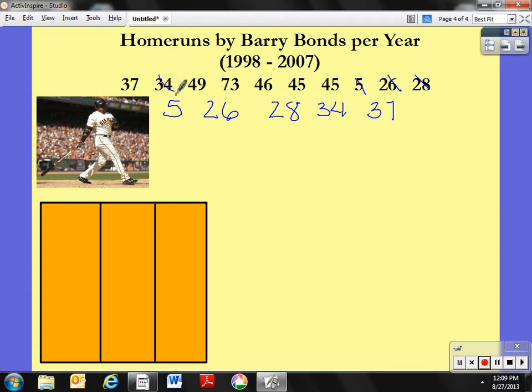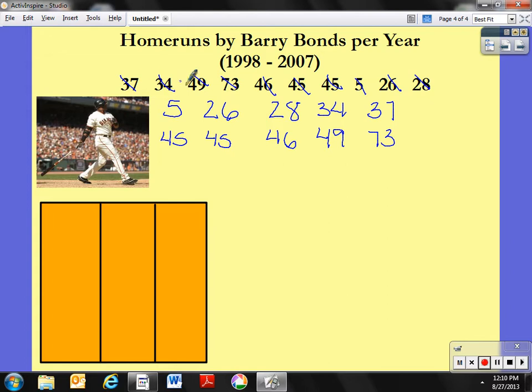Let's cross those out so I don't use them again. Two 45s I see, 46, 49, and finally 73.